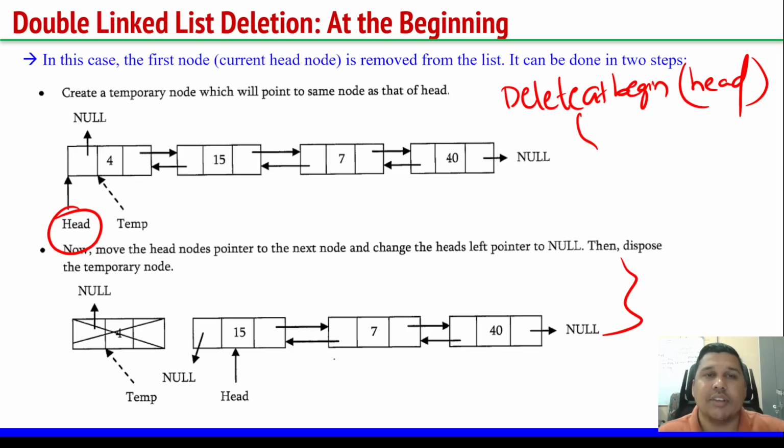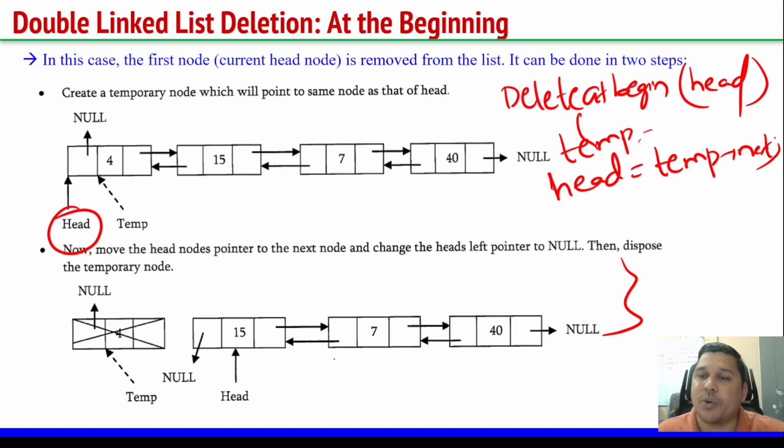Otherwise, if the list is not empty, you create a temporary variable, temp equal to head. This is pointing here, and its next, you make your head.